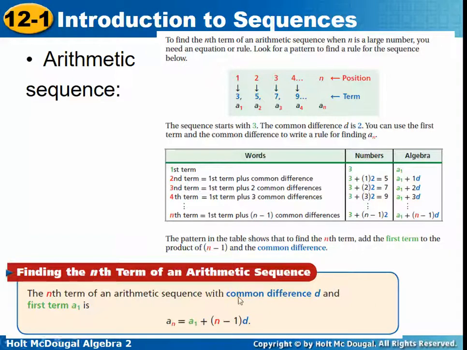In order to find the nth term of it, you can use this formula: a sub n equals the first term, a sub 1, plus n minus 1, that's the term you're looking for, times the common difference. So how much each number is increasing by is the common difference between terms. And there's some other information here on how they came up with this rule.